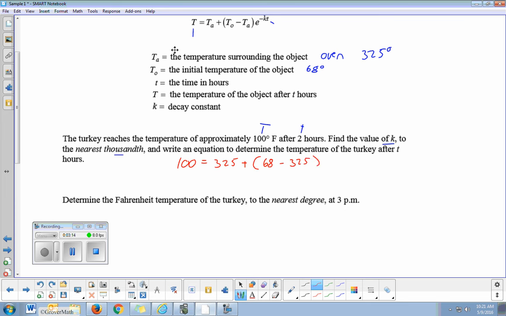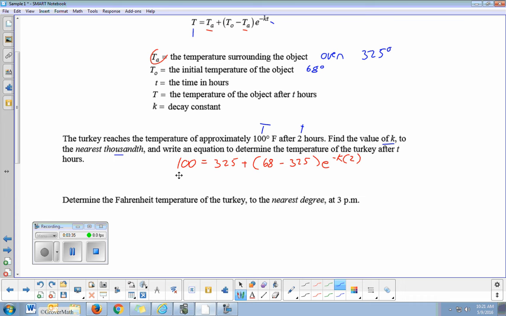So this temperature of the oven goes in two spots. It's the only thing that goes in two spots. And that is times e to the negative k times t for hours, and they tell us that's 2 hours. So this is what your setup looks like. You'd probably get 1 point on a Regents just for putting that in properly.